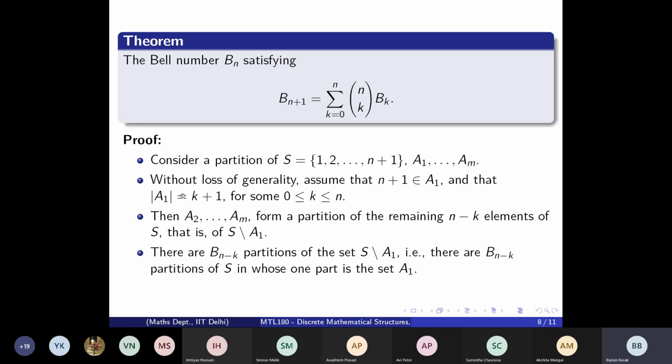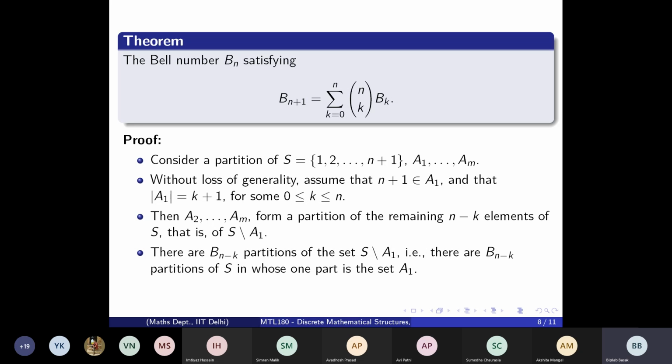And what is A1? The cardinality of A1 is k plus 1. Now tell me how many ways we can choose A1. A1 has k plus 1 elements, and one of them is n plus 1.